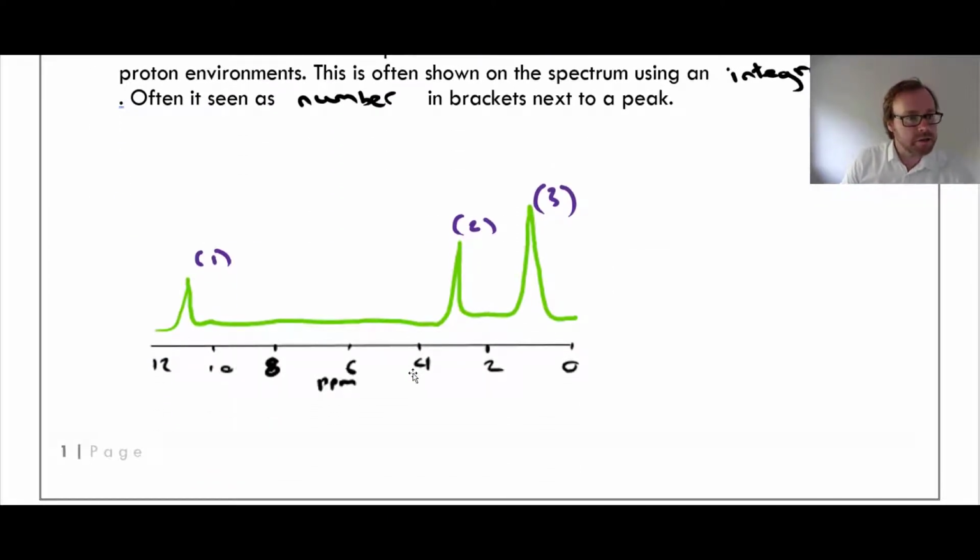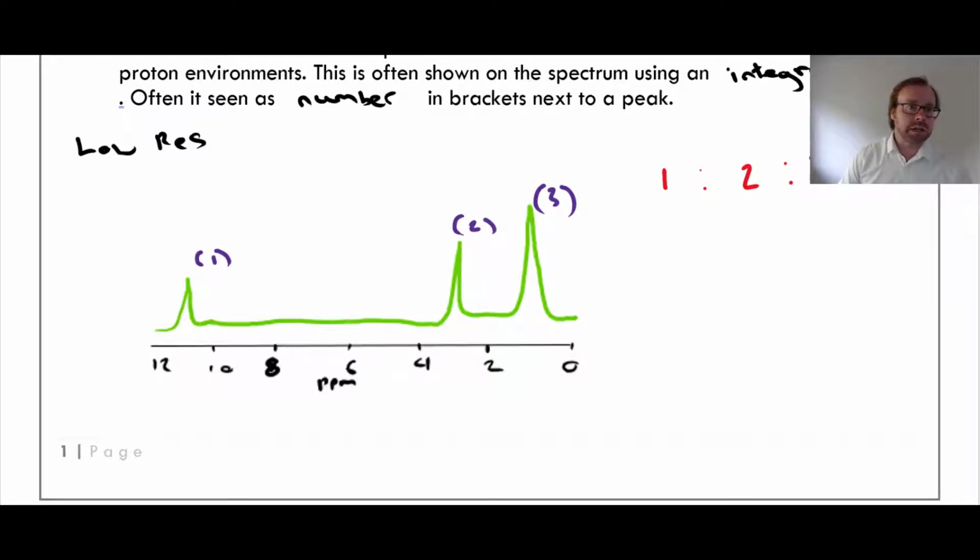So I'll write low res NMR. This is exactly the same spectrum, but I've added these numbers, 1, 2, and 3, next to each peak. This tells us the ratio of hydrogens in each of these different hydrogen environments, so we would write our ratio as 1 to 2 to 3.